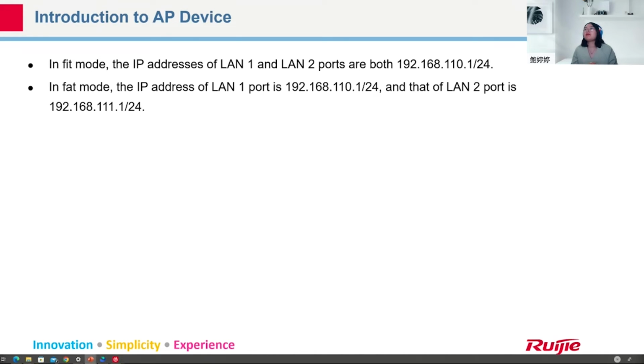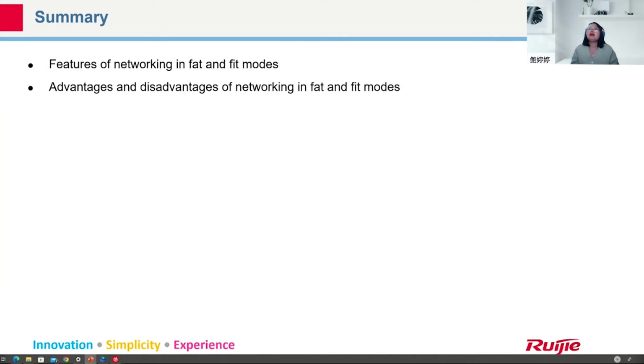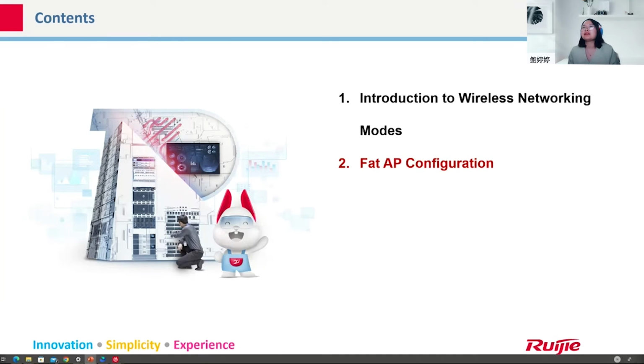So pay attention to this one. Of course, when you buy the device, we will have a detailed introduction of this AP. The AP document will also show you the default IP address. So this is a basic introduction of the FAT AP and the Fit AP and what the difference is. And in the next part, let's look at the FAT AP configuration.